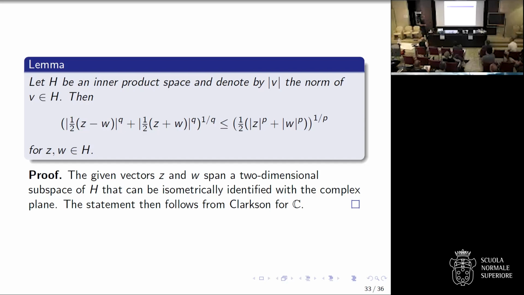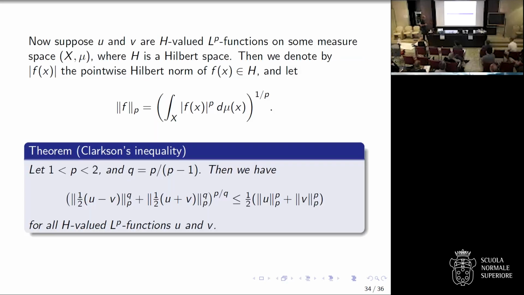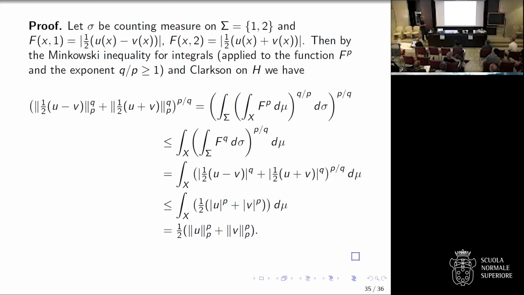But a two-dimensional subspace of Hilbert space is isometric to the complex plane, so you immediately get this for an inner product space. And to get it for these H-valued L^p functions that we are interested in, you invoke another standard inequality. My time is running out, so let me just gloss over this. You use Minkowski's inequality for integrals. And with a clever setup, it's essentially a one-line computation.